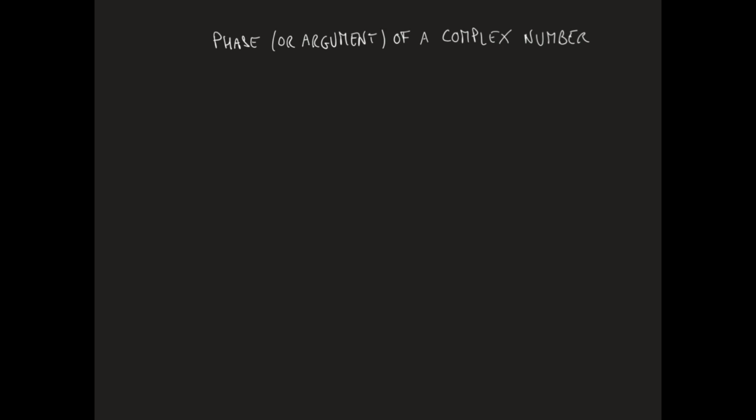So if Z1 is a complex number with Z1 equal to rho 1 e to the j phi 1, then the argument of this complex number, indicated with the symbol phase of Z1, or alternatively by the symbol argument of Z1, is equal to phi 1.